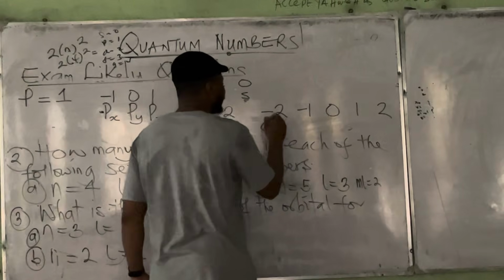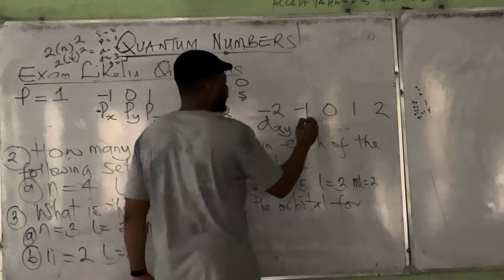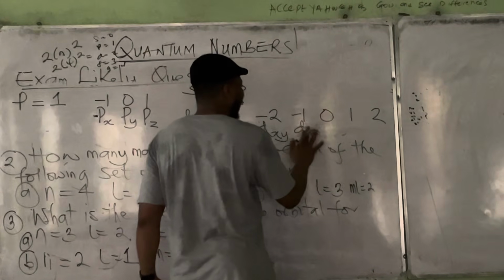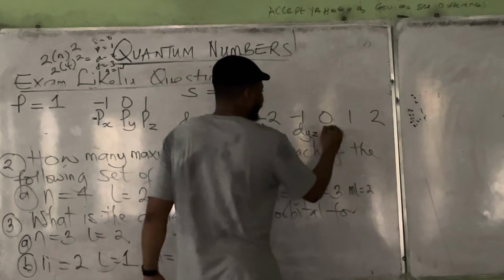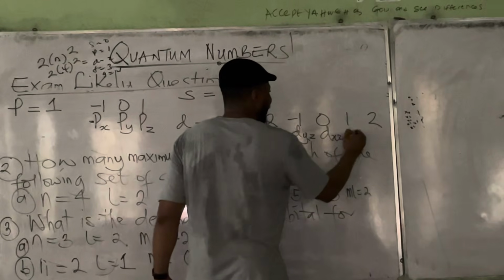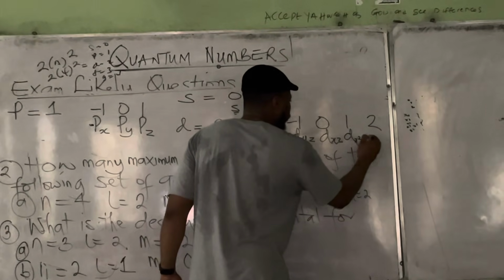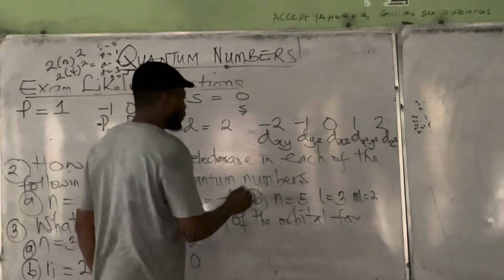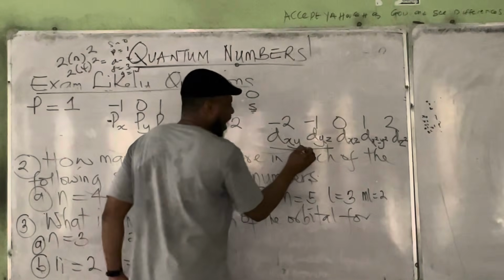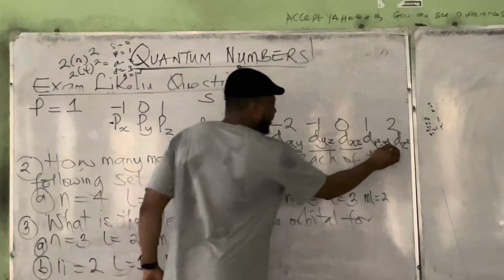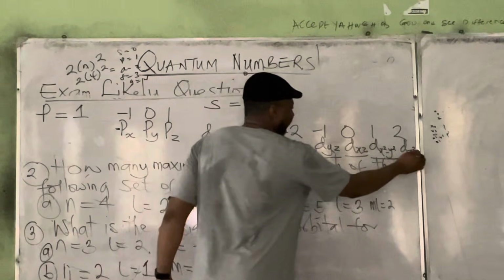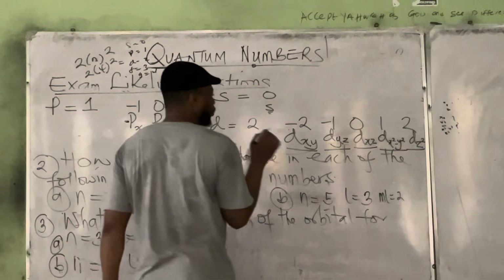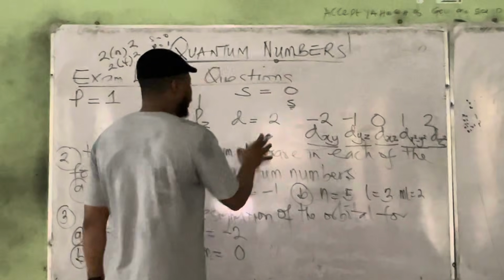The designations are dxy, dyz, dxz, dx squared minus y squared, and dz squared. So these are the orbital designations for D.